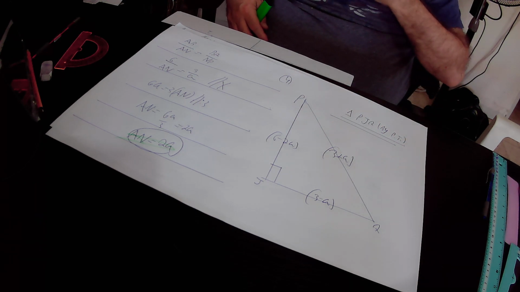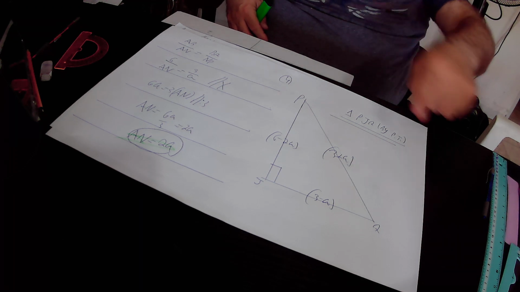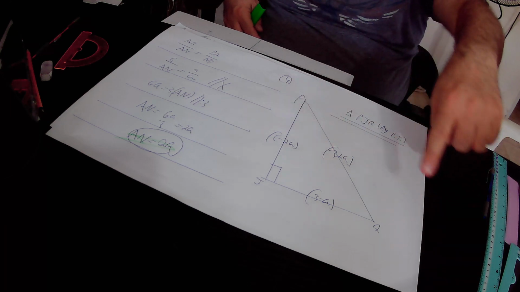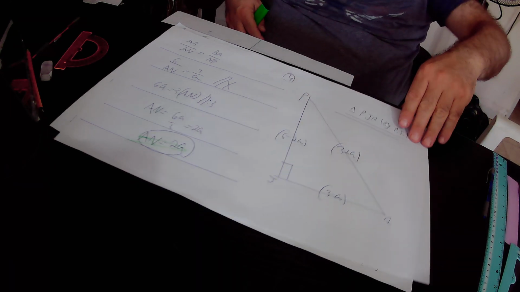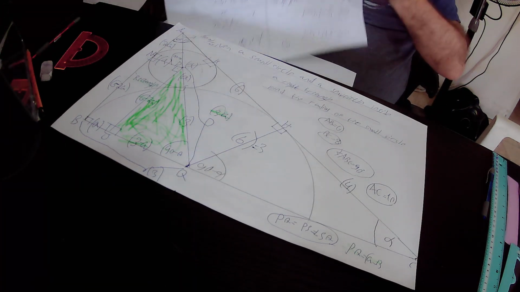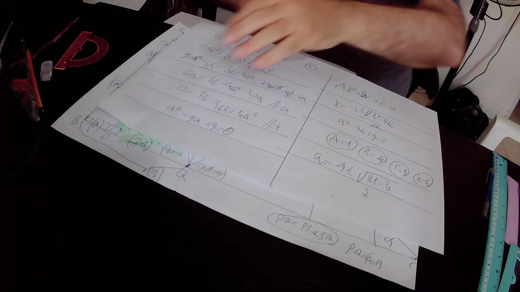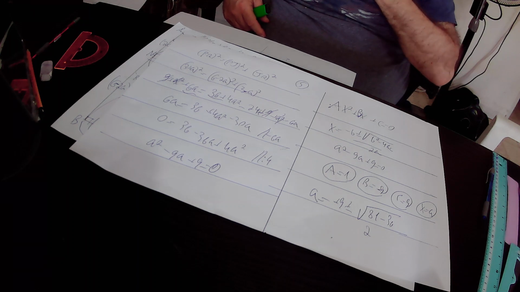According to the Pythagoras theorem, in this right triangle PJQ, PQ squared equals PJ squared plus JQ squared.